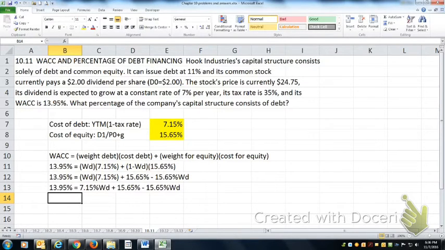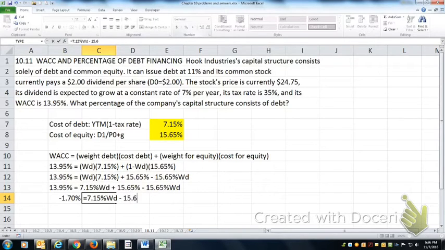If I subtract the 15.65 from both sides, that'd be 13.95% minus 15.65%. Try and keep this in decimal form. That's negative 1.7% would be equal to 7.15% WD minus 15.65% WD.